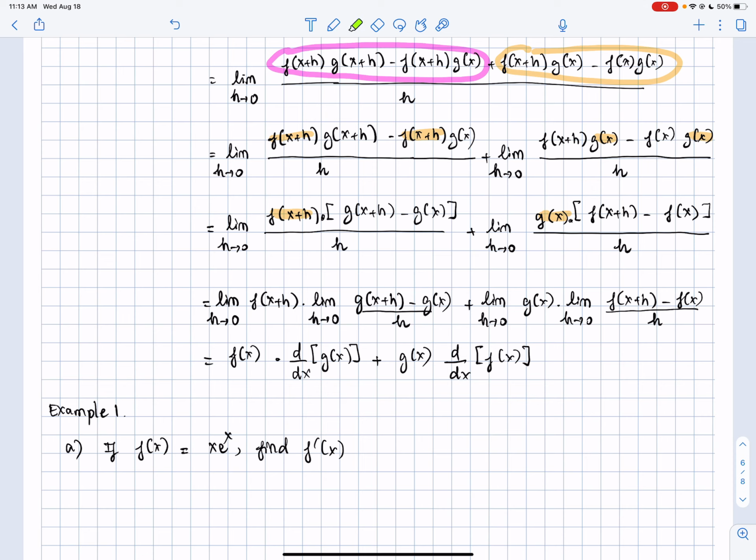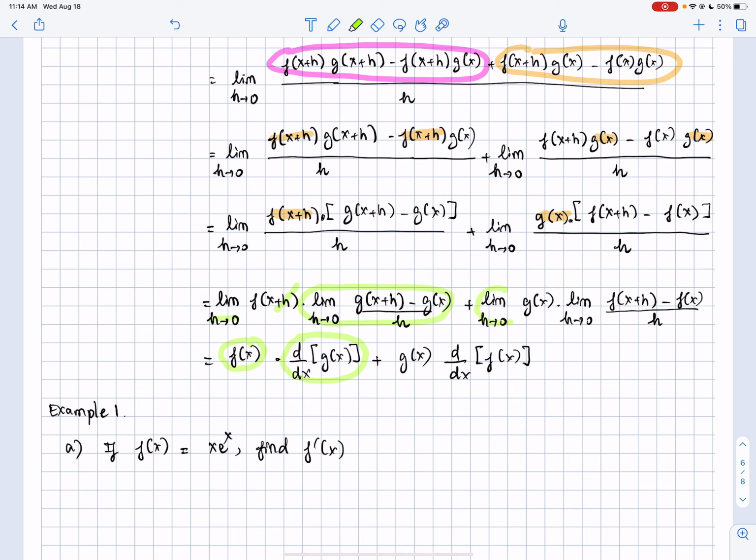Because h approaches 0, the h is gone, so we are left with f of x. And this part, by definition, is the first derivative of g of x.